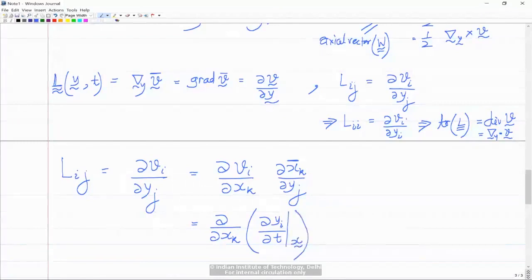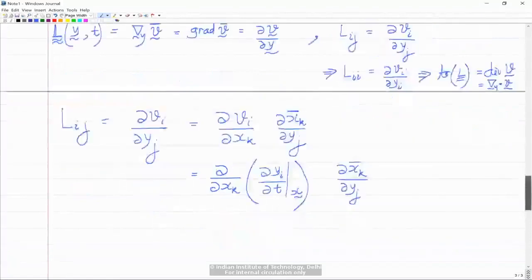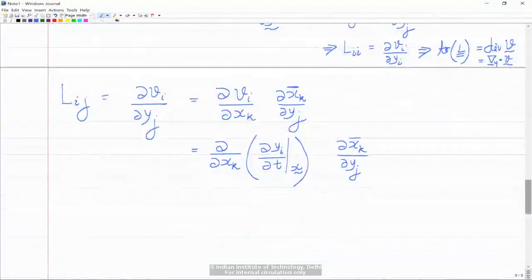And then you have to multiply this, of course, with del xk bar over del yj. Please, if you're not able to follow, interrupt me and ask me questions. I hope that all of you are following it.